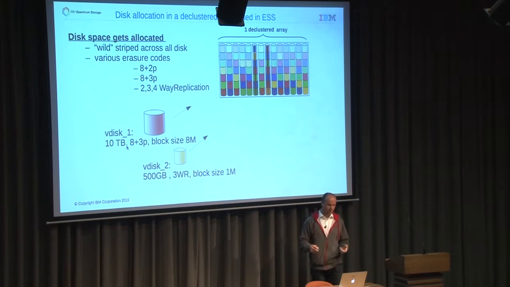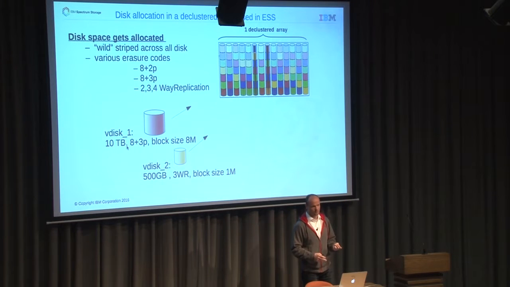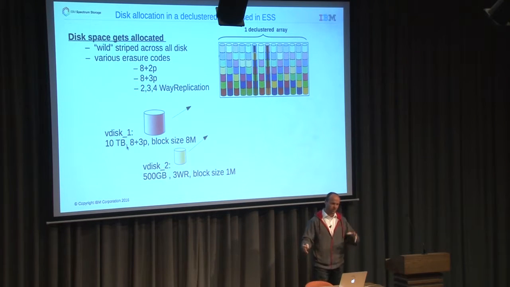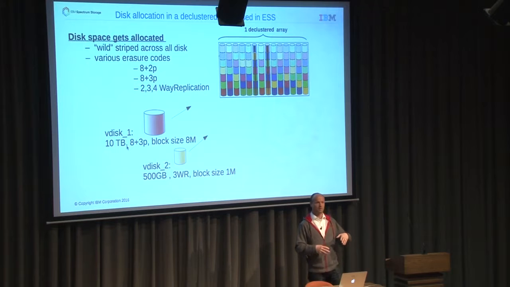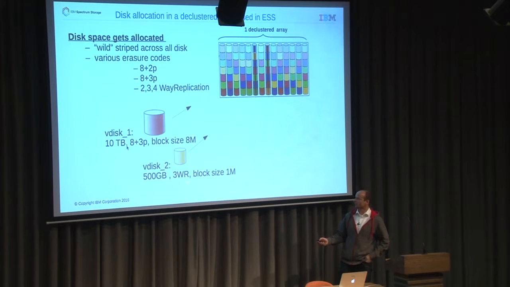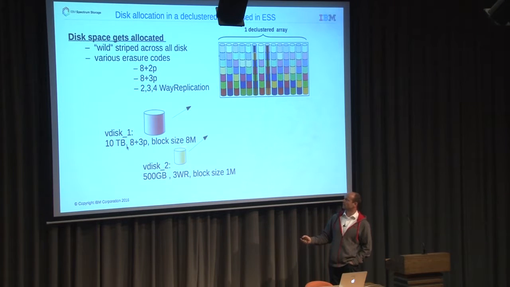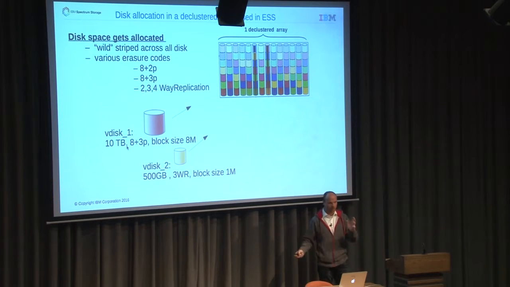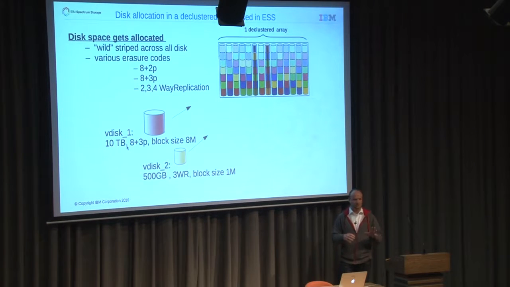That means we can cover different quality of service levels, different KPIs in terms of redundancy, performance, response time, whatever. A 3-way replicated with a smaller block size may react faster than an 8+3P with a 8 megabyte block size in terms of small I/O, things like that. So you can mix it within the same physical disks and allocate your space according to your needs.